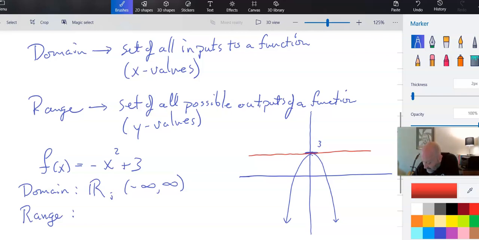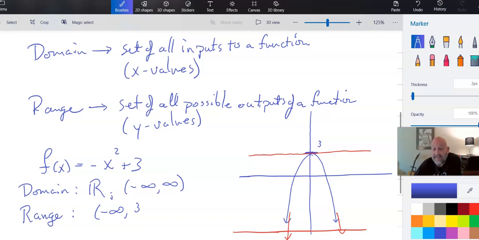Now, if I go down, any line I draw, I can always just extend this function until it hits it, right? So I'm going to be hitting y values all the way down there, which means that the y values start at negative infinity and travel all the way up to 3.